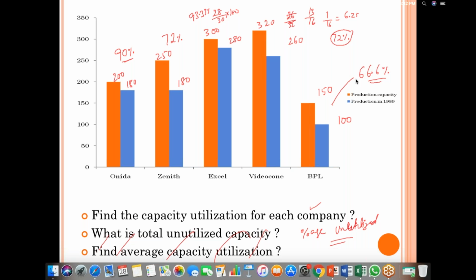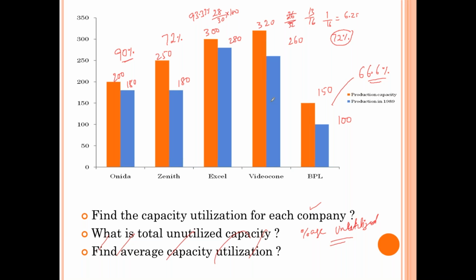Now, if he's asking us the percentage of unutilized capacity, I have to sum up all the values. 200 plus 250 plus 300: 200, 250, 450, 300, 750, plus 320, 1070.